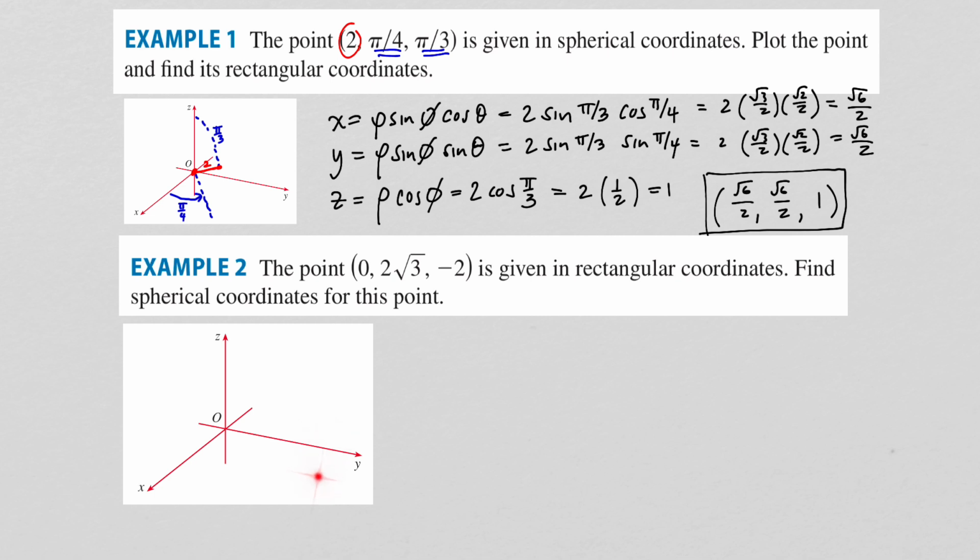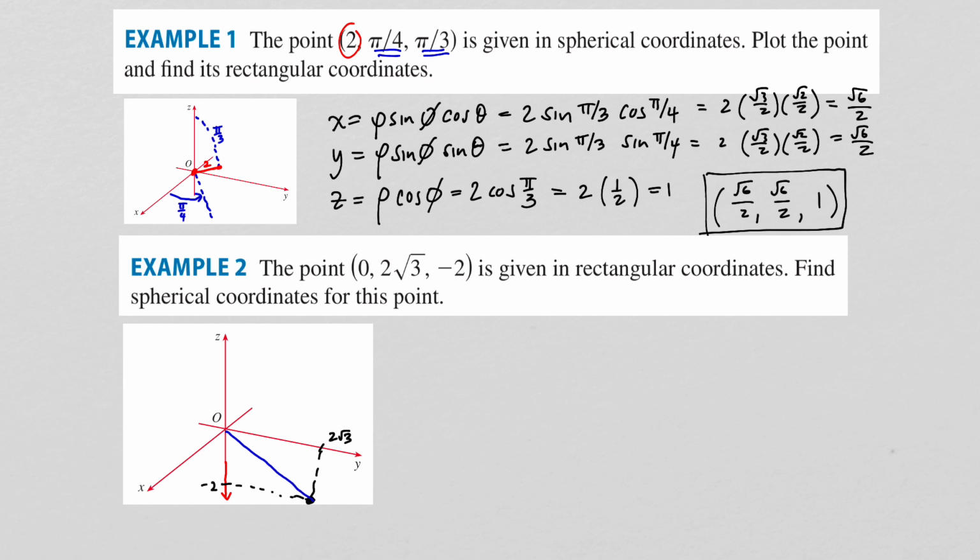And then we're going to go down 2 units on the z-axis. So 2 radical 3 is right about here, and 2 units down on the z-axis is right about there. And so the coordinates of that point would be approximately right there. Okay, and if you want, you can draw that.